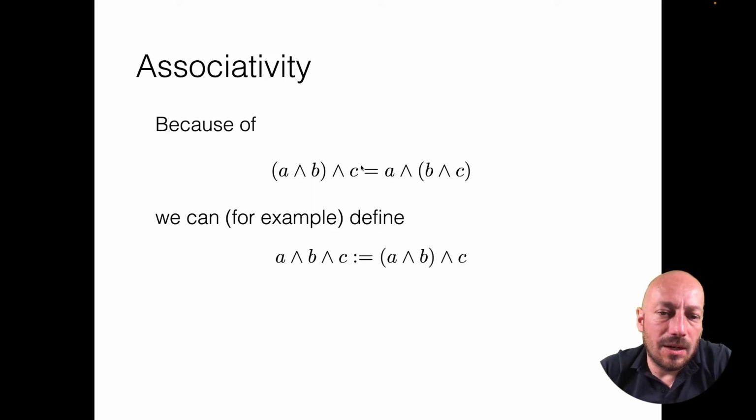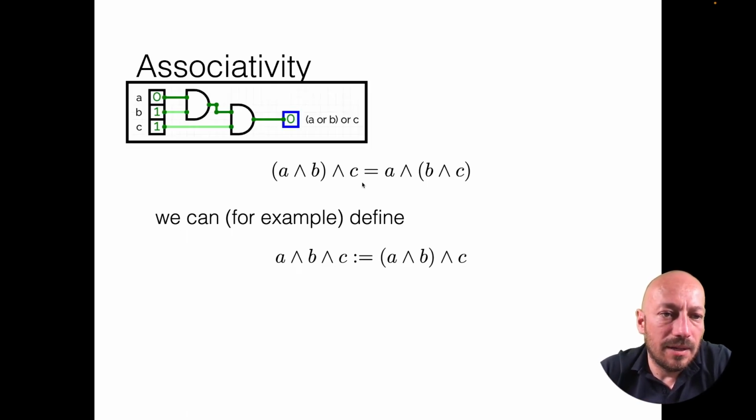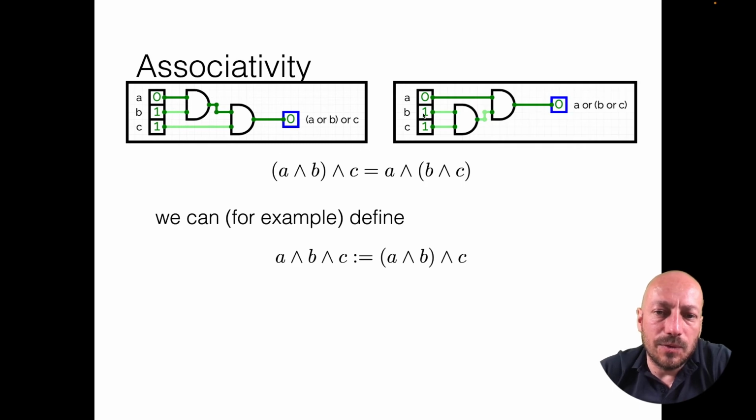But now think about how you would realize this expression in terms of logic gates. Then you would come up with that. You first have to connect the inputs A and B with an AND gate, and the output of that AND gate would go into a second AND gate. And here, the circuit would look different. You first would connect B and C with an AND gate, and then the output with a second AND gate, which also gets this A input.